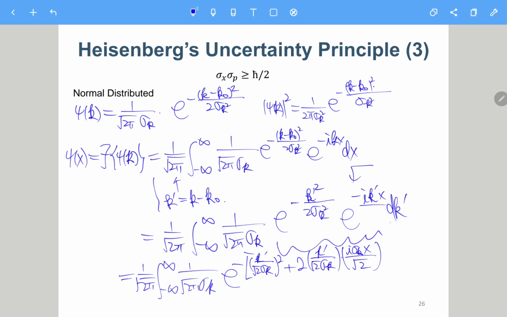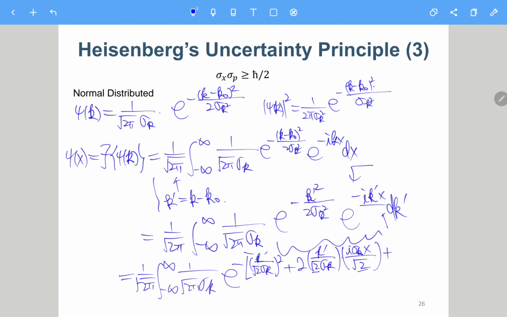So this will look like the original one, because the square root of 2 times square root of 2 becomes 2 and cancels with this 2, and then this sigma k and this sigma k cancel. It turns out to be i k prime x, of course with a negative sign in the front.